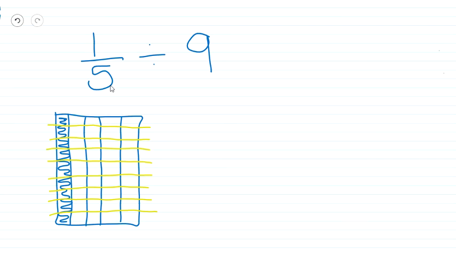So 5 times 9 is 45. Now we have to figure out our numerator. Simple thing. All we have to do is count these small pieces that have been shaded in. So we have 1, 2, 3, 4, 5, 6, 7, 8, 9. And that's your answer: 9/45.